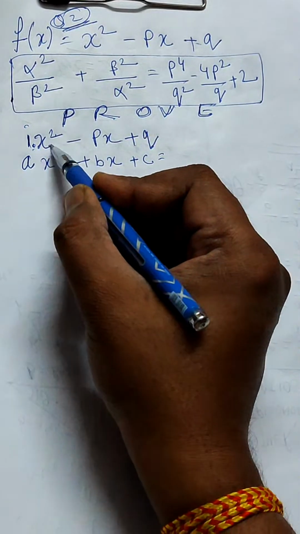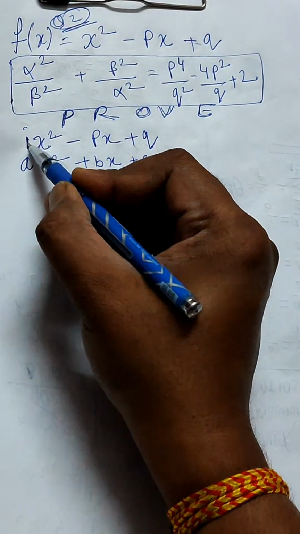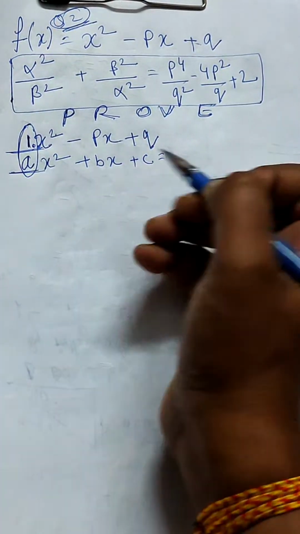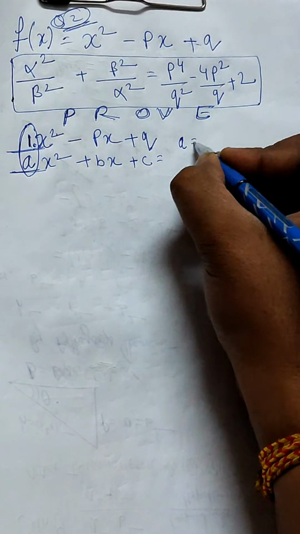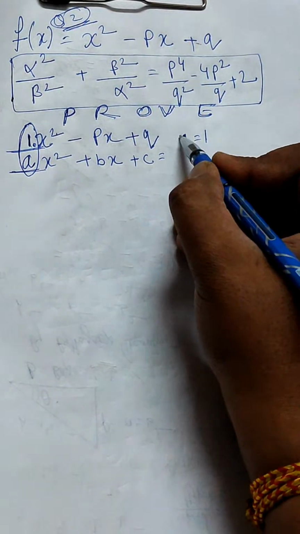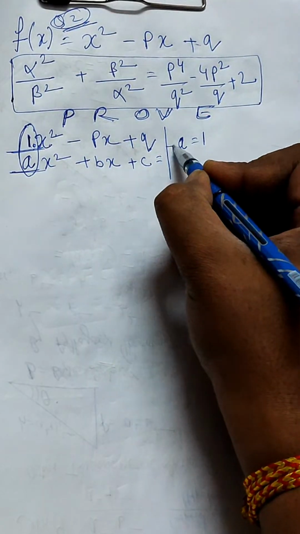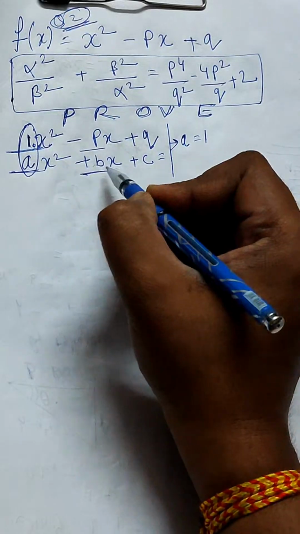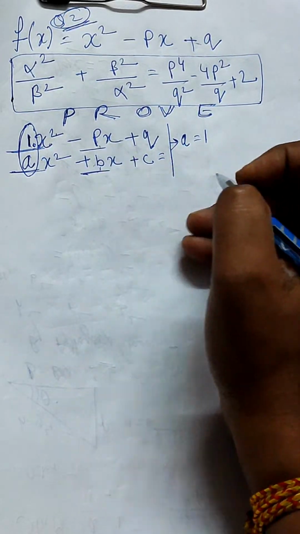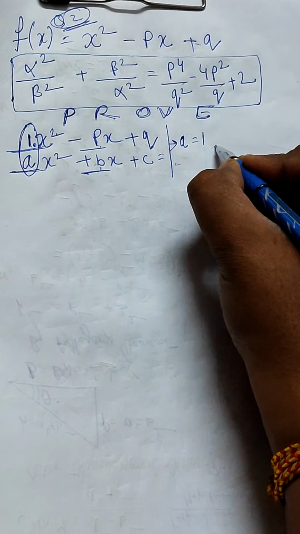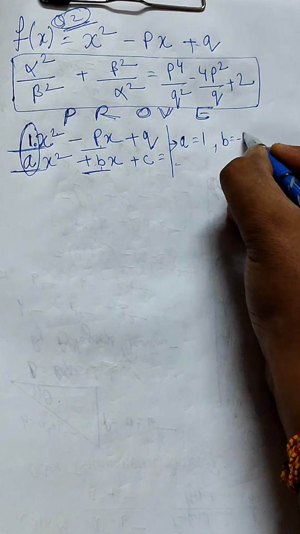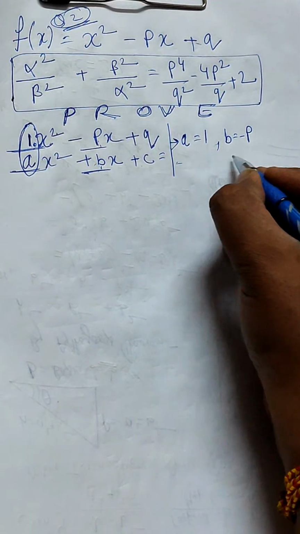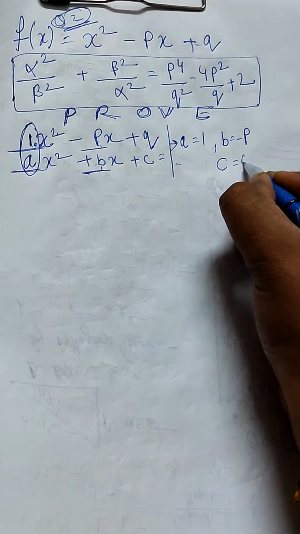So from the comparison, the value of a is 1, the value of b is minus p, and the value of c is q.